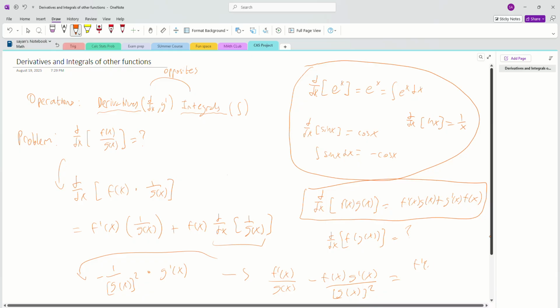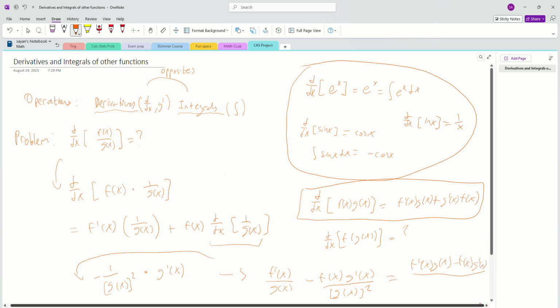So we get f prime of x, g of x, minus f of x, g prime of x, sorry for the little space, over g of x squared. And this is the formula you would see in a textbook. But now you know how to derive it.